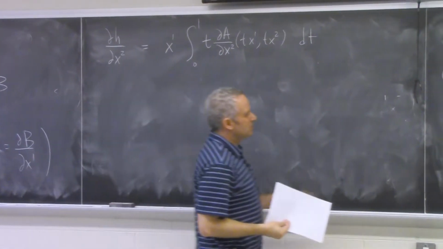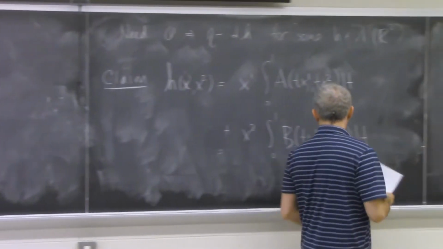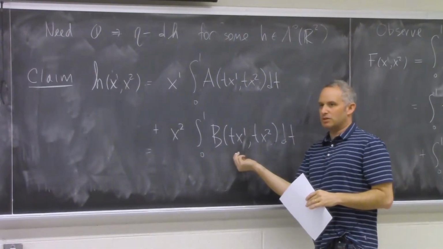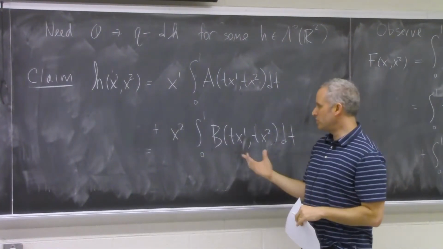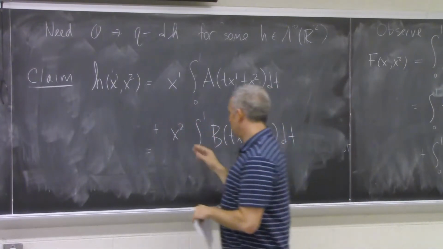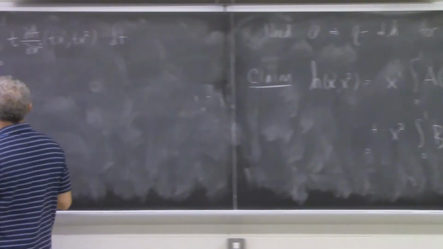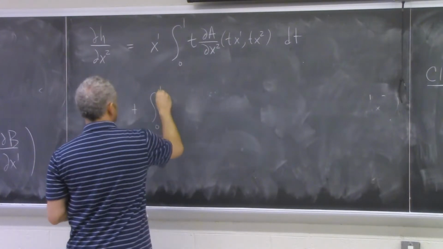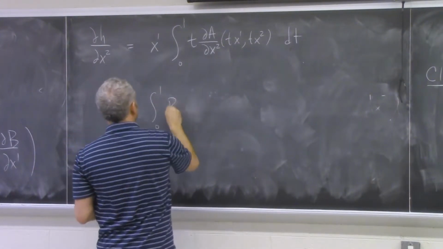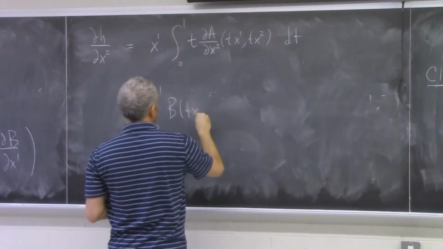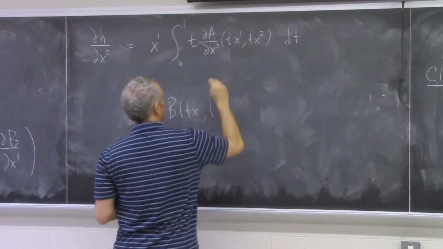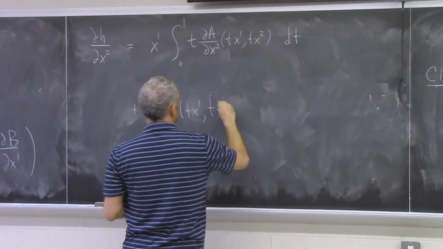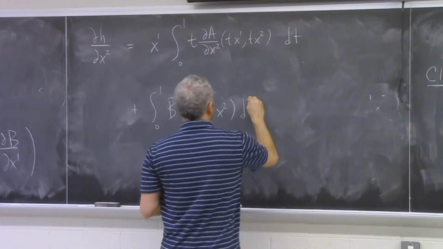Good. And so we're taking the partial derivative of this whole thing with respect to x2. So now we do this part, and we get two terms. We take the partial derivative with respect to that thing, so we get plus the integral from 0 to 1 of b(tx1, tx2) dt.